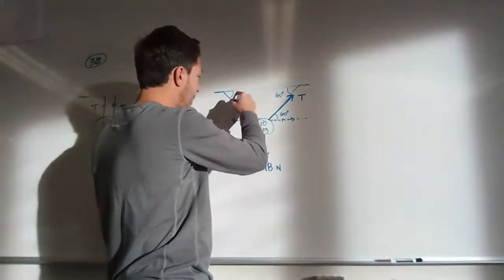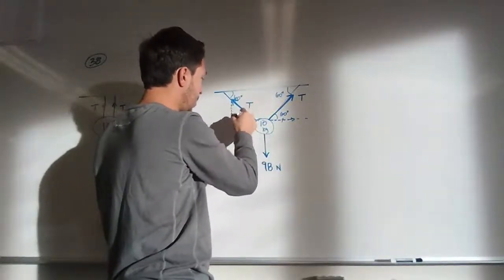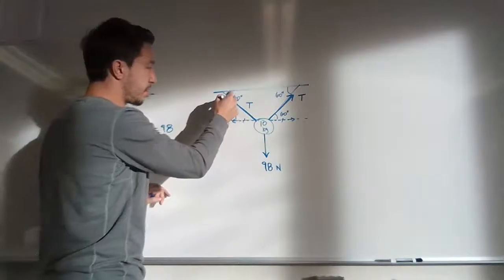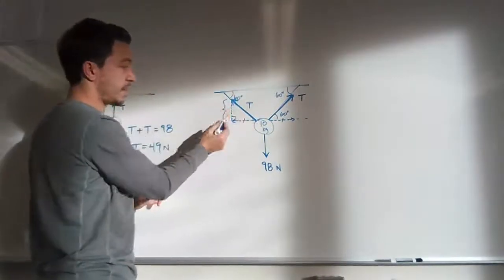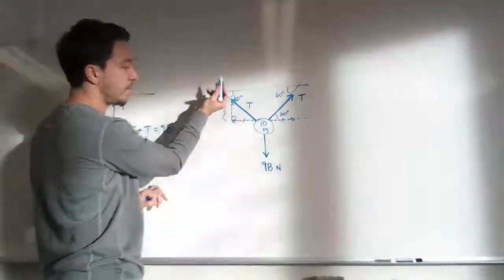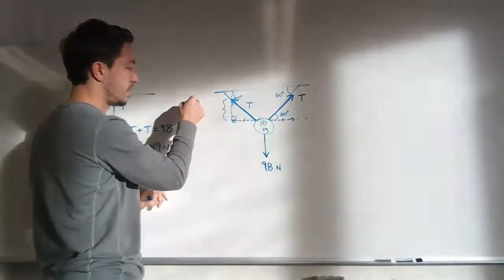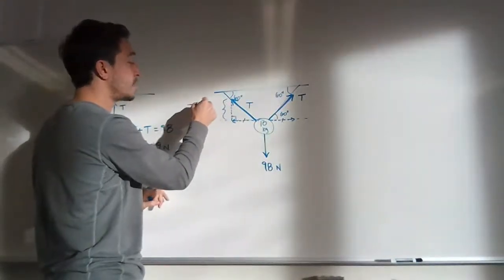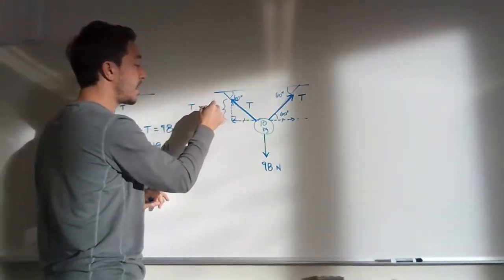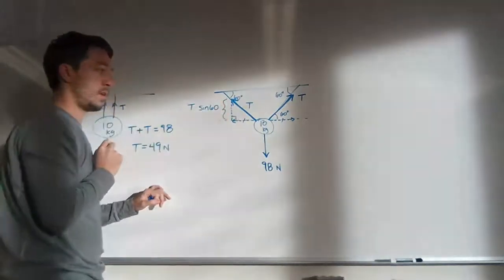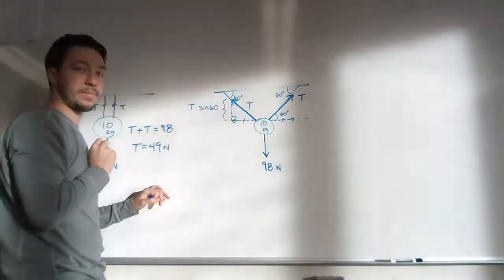But how big is this vertical component of this vector? How much does this vector tend to push up? T times the sine of 60. Do we feel okay about that?